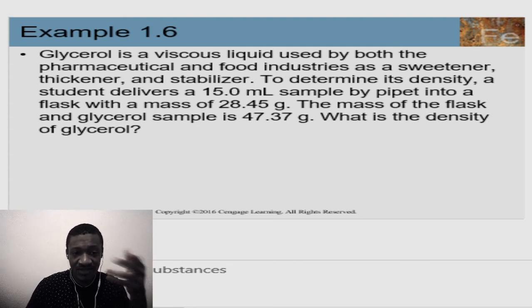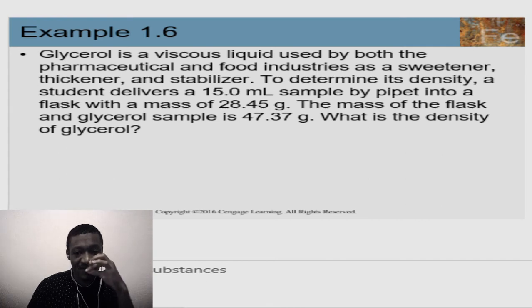To determine the density, the student delivers a 15.0 milliliter sample by pipet into a flask with a mass of 28.45 grams. And notice that this thing is thick, so I give it up to the student that measured 15.0 milliliter of that thick substance in a pipette.